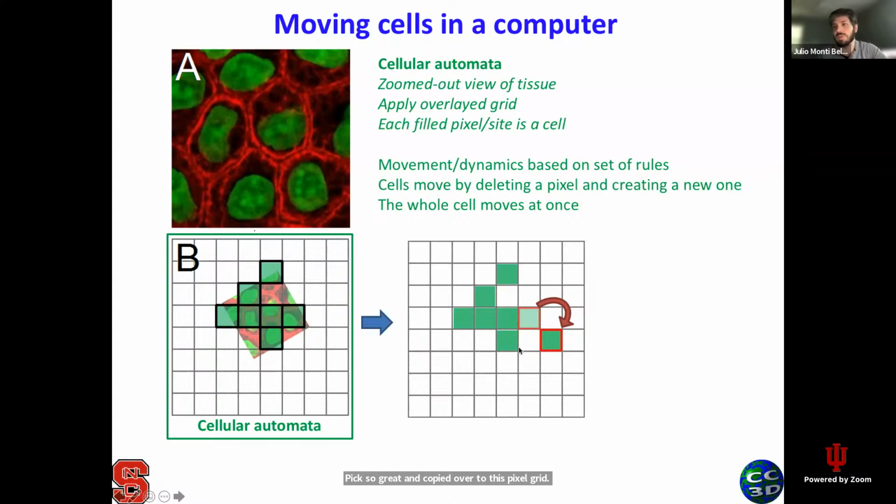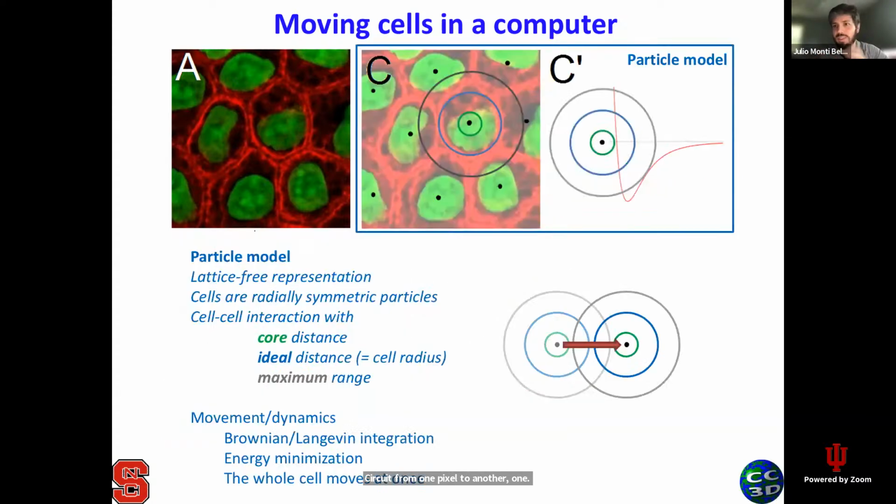And in a cellular automaton, that's basically everything that cells can do. They maybe can change type, but if they move, they have to actually relocate from one pixel to another one, right? In the particle models, it's very easy, intuitive how the cells move, how they update their location.